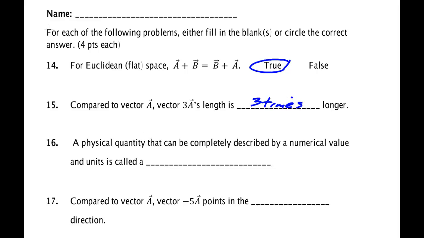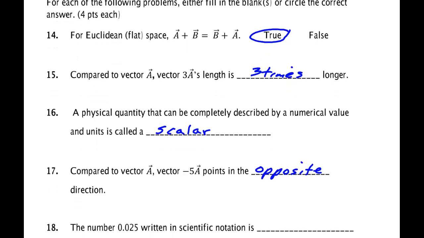A physical quantity that can be completely described by numerical value in units is called a scalar. Compared to vector A, vector minus 5a points in the opposite direction. If you put a minus sign, you rotate it by 180 degrees.